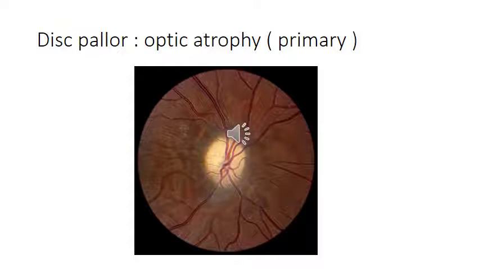Disc pallor or optic atrophy is the late stage of many retinal pathologies and many optic disc pathologies. In other words, optic atrophy usually results from axonal degeneration from the retina to the lateral geniculate body.